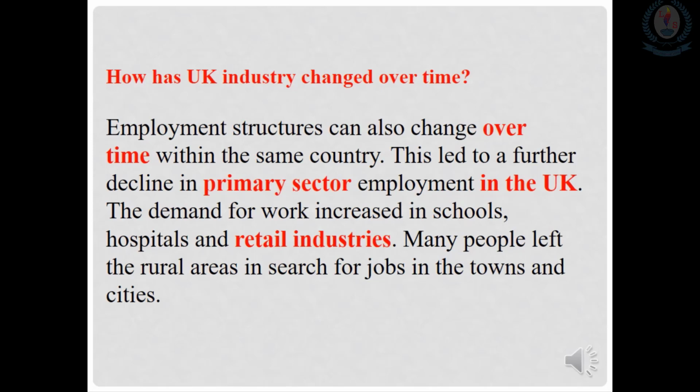This led to a further decline in primary sector employment in the UK. The demand for work increased in schools, hospitals, and retail industries. Many people left the rural areas in search of jobs in the towns and cities.